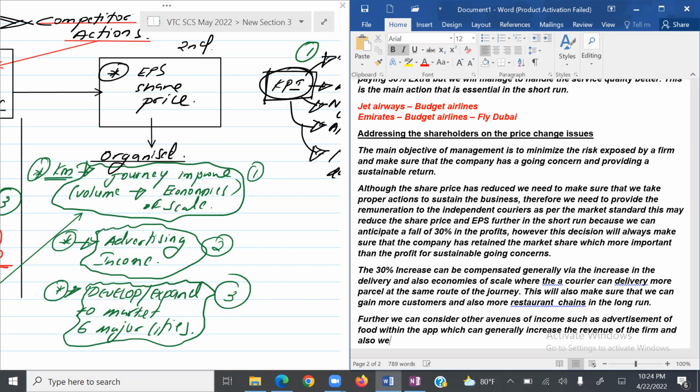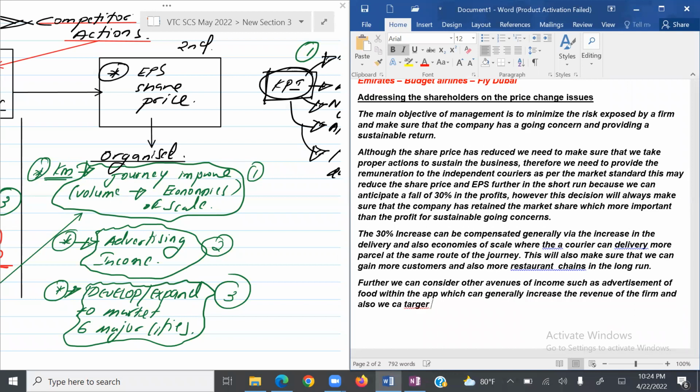And also, we can target expanding to new cities in the West area, where there can be less competition and where we can make the skim profit till the competitors arrive.